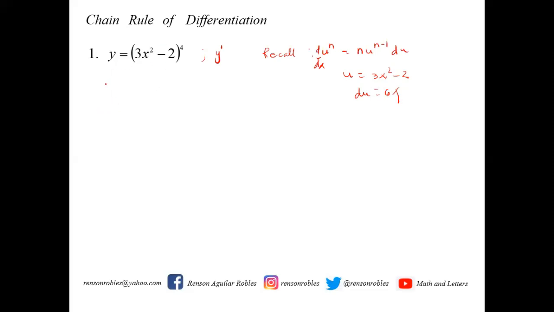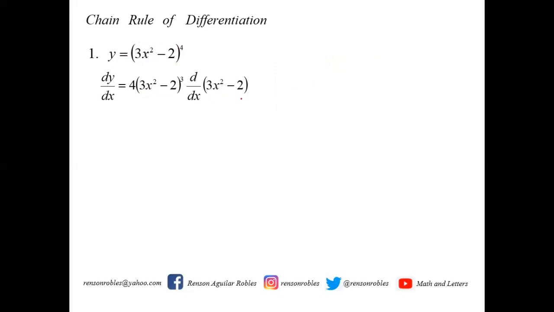So for its derivative, what you are going to do is you just bring this here in front, and then you subtract 1, copy 3x squared minus 2, then you subtract 1, and then you differentiate 3x squared minus 2, and it will become 4 times the quantity 3x squared minus 2 to the 3rd power times the derivative of 3x squared minus 2.